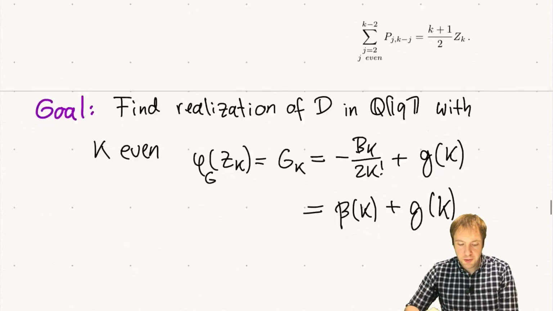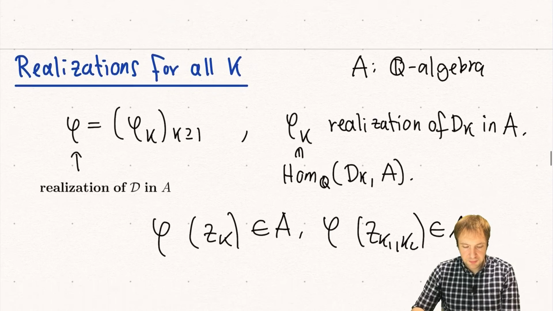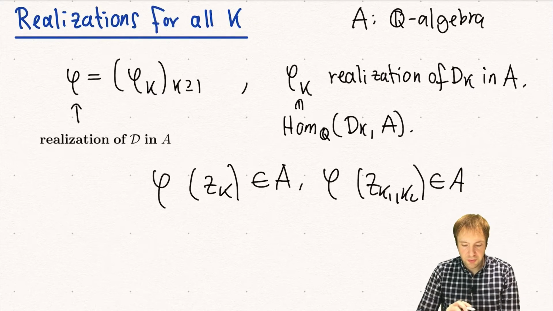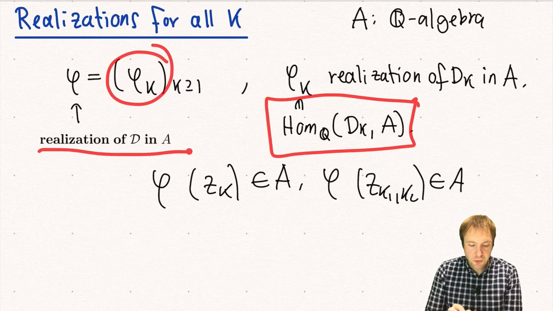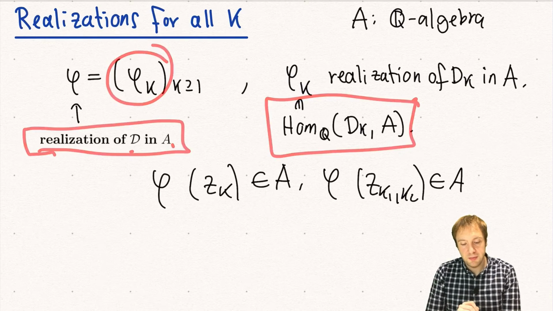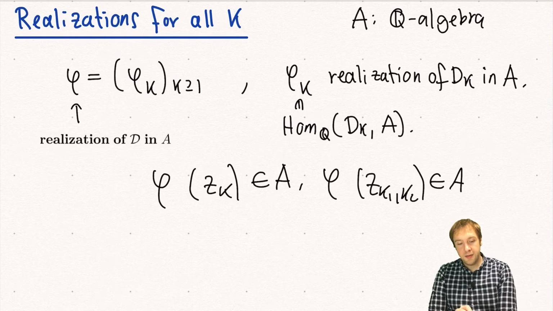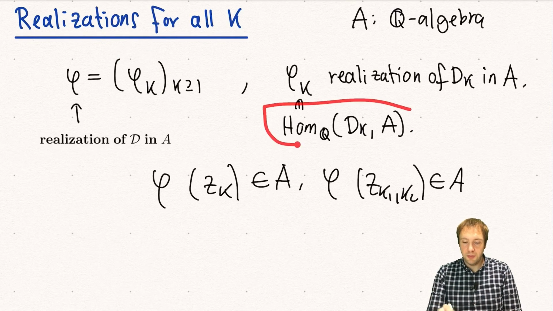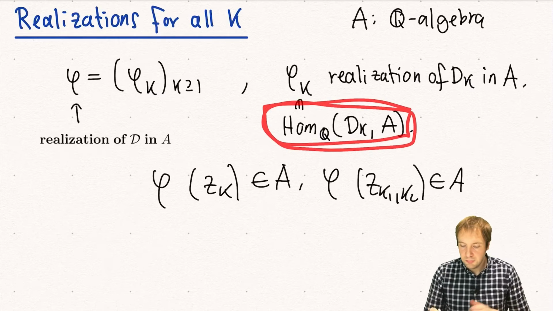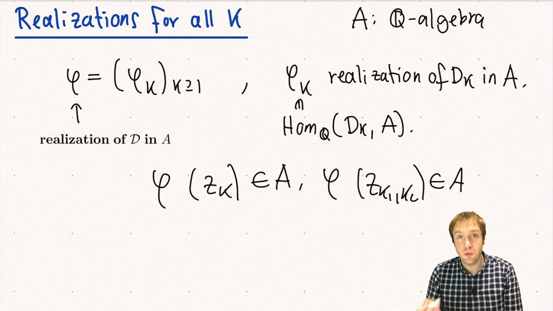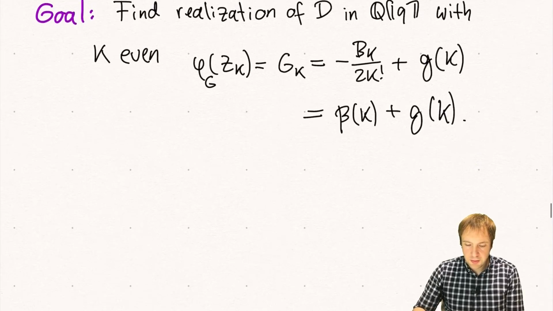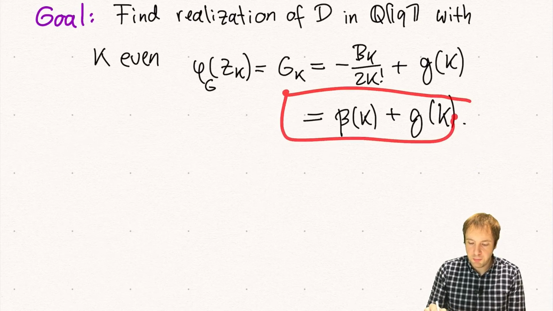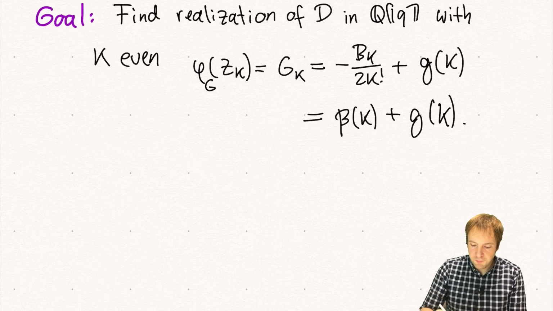And then one important point for realizations, so here is again the definition of realizations, they are all just families of homomorphisms, and if I have two realizations of D in some Q algebra A, then I can also add them, because of course these things are just groups, and therefore I can add two realizations and get again a realization.